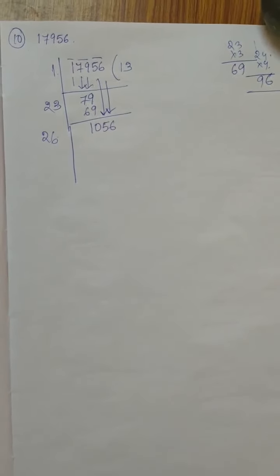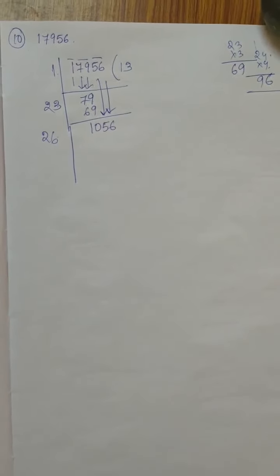So if you do 264 into 4, then this will give us 4 into 4 16, carry 1. 4 into 6 24 plus 1 is 25, then carry 2. 4 into 2 8, 8 plus 2 is 10. So we are getting 1056. So 264 with 4 will give us 1056, and no more remainder now. So therefore we can say that root over of 17956 will be equals to 134.